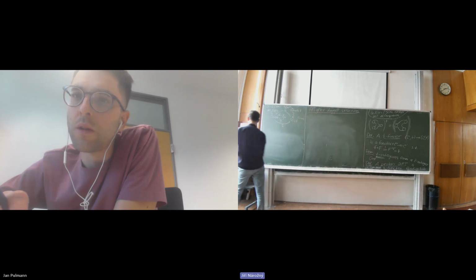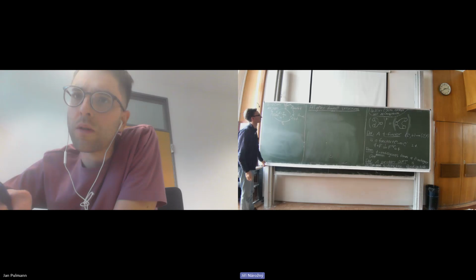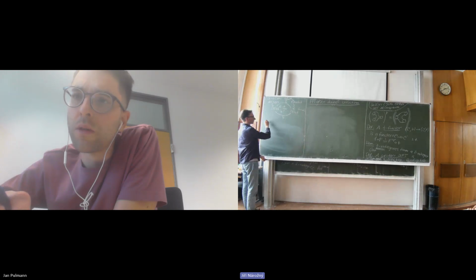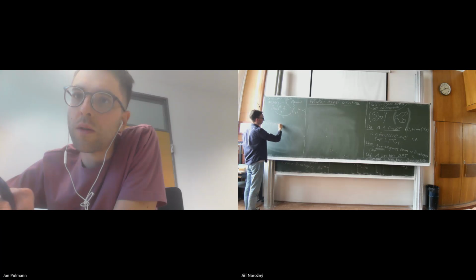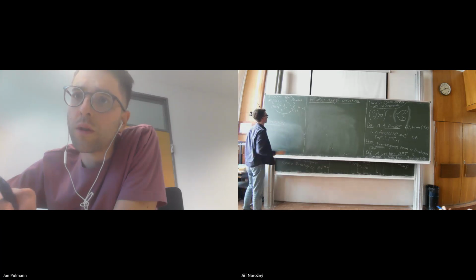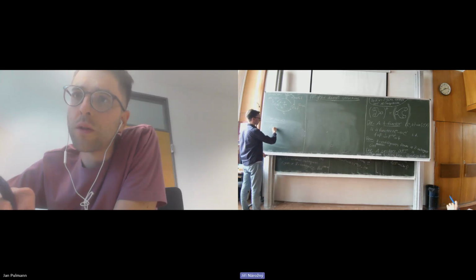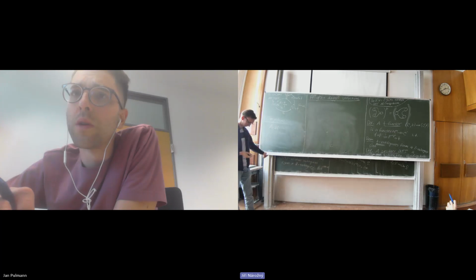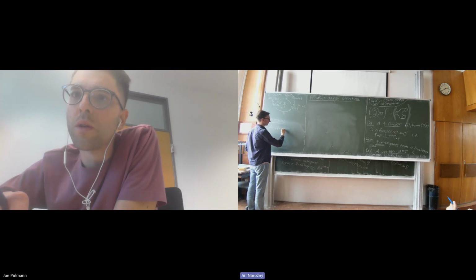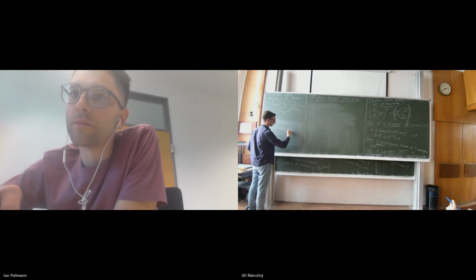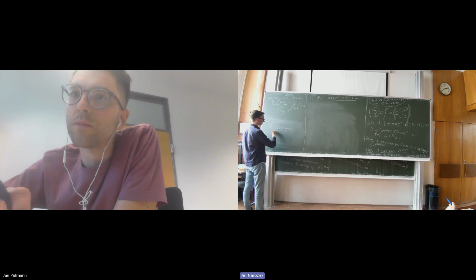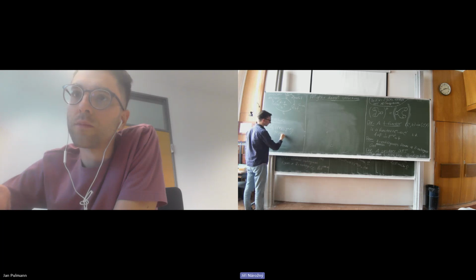So let's talk about this again now. The conjecture is the following: the automorphism group of the 1-category of n-categories with adjoints is isomorphic to O(n).